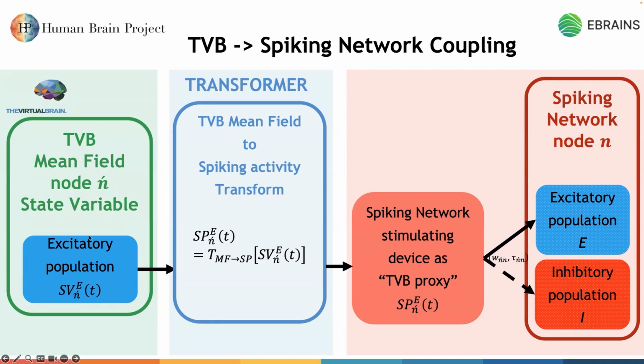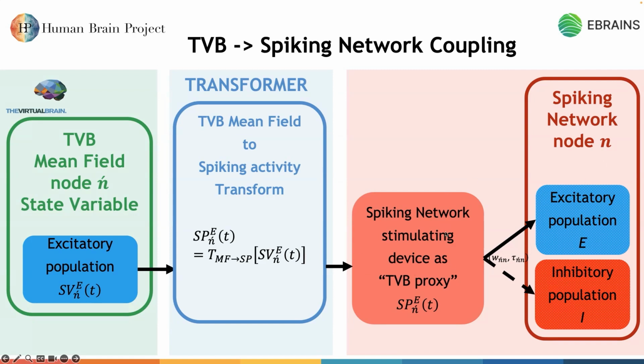So what we can do then is that for every such node that is modeled in TVB, we can extract this activity in time, transform it from average mean field activity to total spiking activity. For instance, a common transform is to take rates and generate spikes, okay? And then take this activity and somehow inject it as an input to the spiking networks.